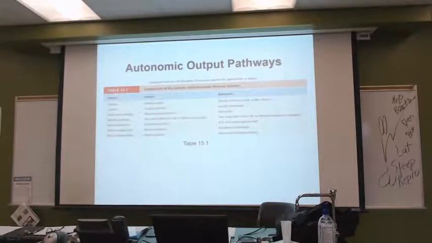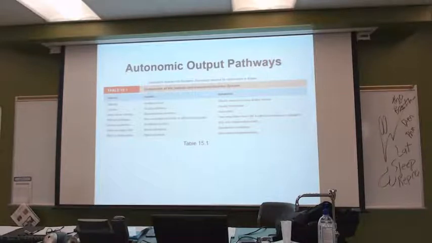How many divisions am I dealing with now? Two. One of them was excitatory and one of them was inhibitory. Make sense?